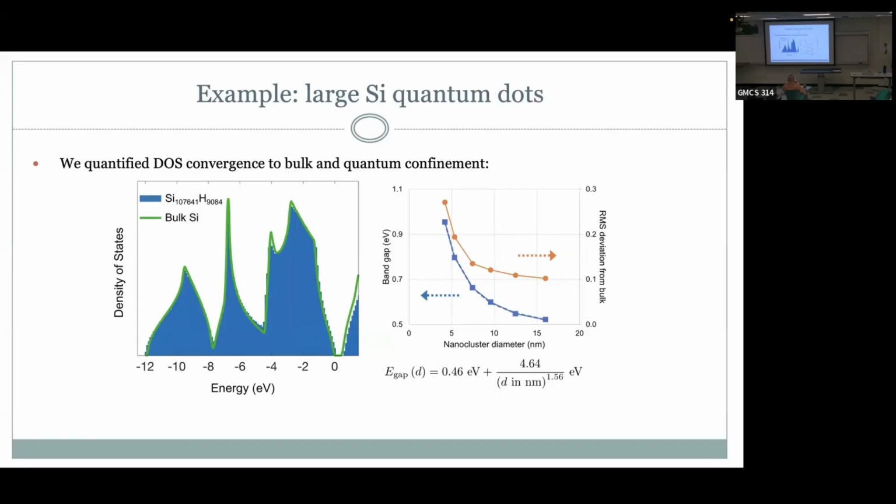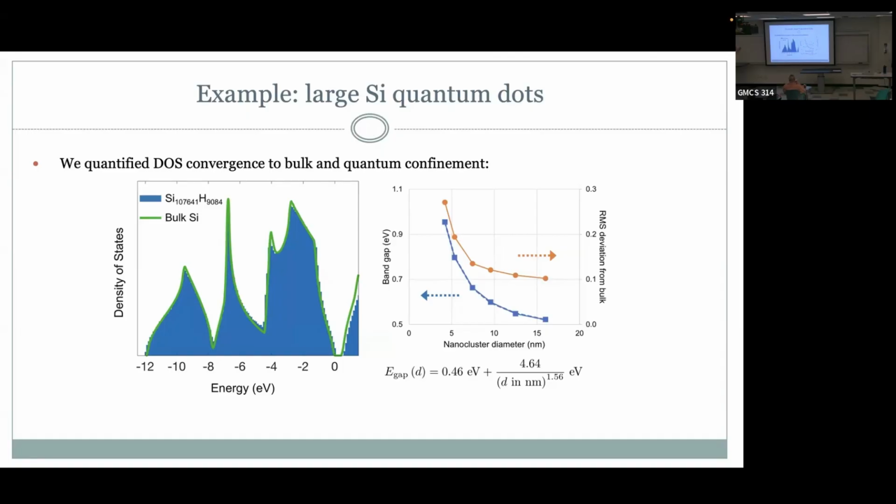That means if we actually had an infinitely large quantum dot, we would expect this band gap. The reason the band gap changes quite dramatically with size is something called quantum confinement. So this is another physical phenomenon we obtain directly from the calculation, without having to introduce it separately. Quantum confinement says if your wave functions are confined within a certain space, they're broadened. And this is what we observe.